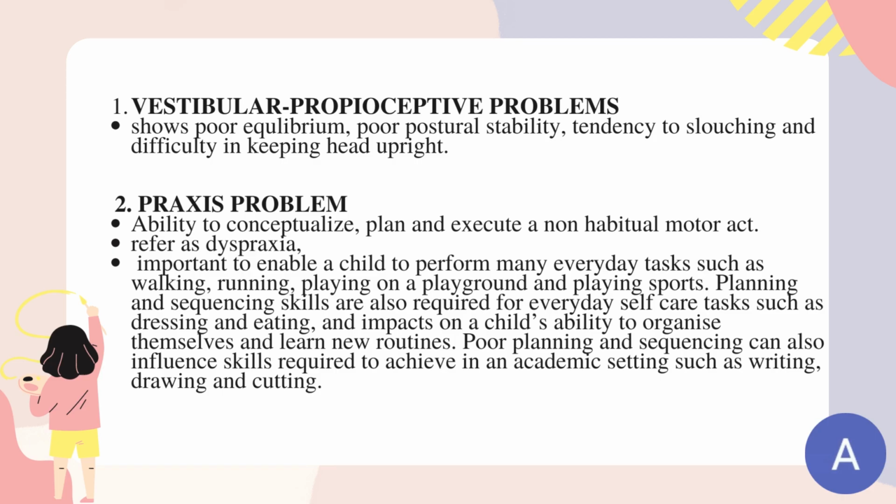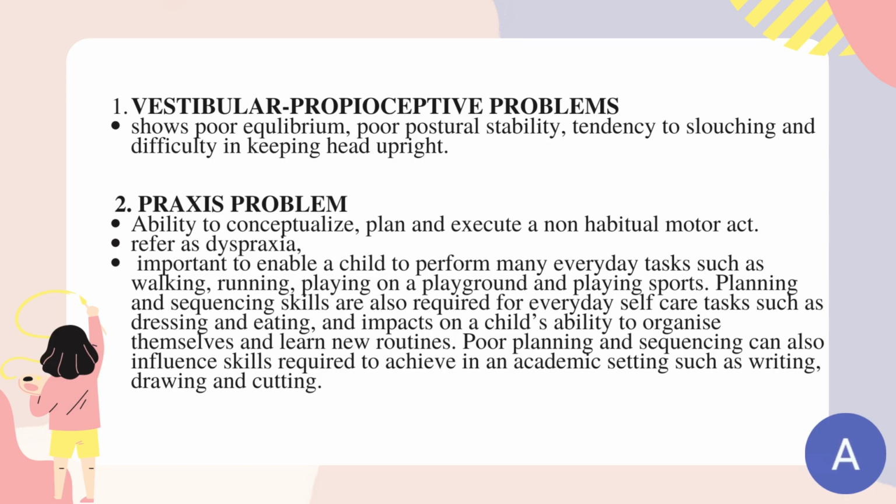Planning and sequencing skills are important because they enable a child to perform many everyday tasks such as walking, running, playing, and others. They are also required for self-care tasks such as dressing and eating, and they impact the child's life, of course.